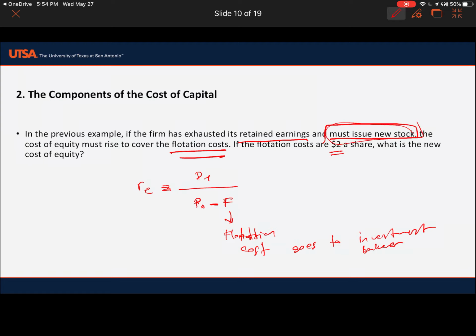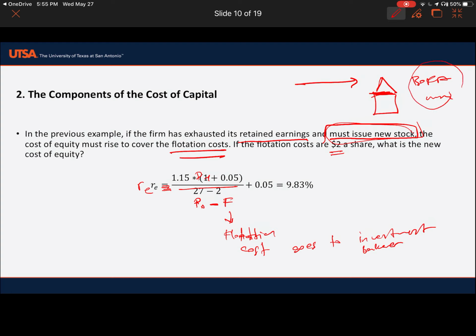If the company wants to issue new stock, the corporation or firm needs to go to an investment bank like Bank of America or Merrill Lynch or other financial institutions. Say Merrill Lynch will issue the stock. So there's a cost.